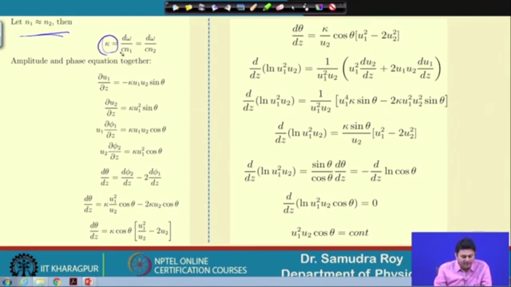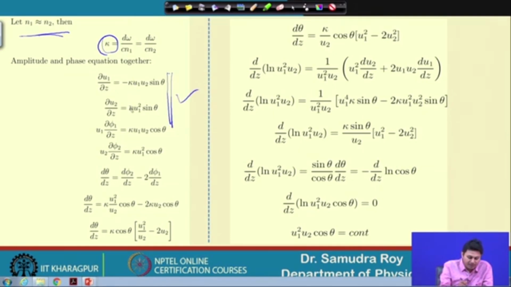When I do that, the calculation reduces significantly. Now, the two amplitude equations I can write: du1/dz is equal to minus kappa u1 u2 sin theta, and du2/dz is kappa u1 square sin theta. These are the two amplitude equations.